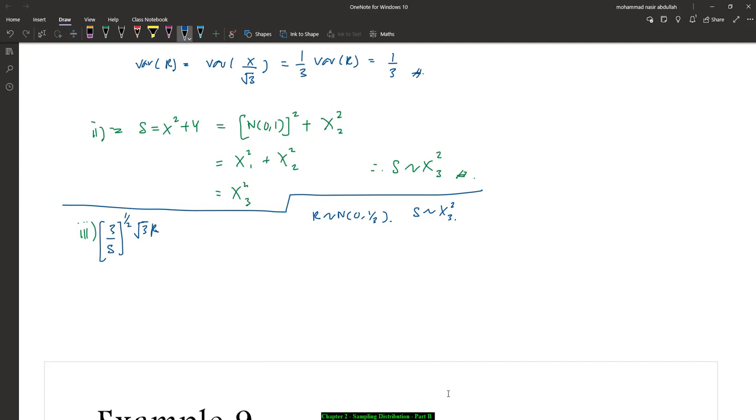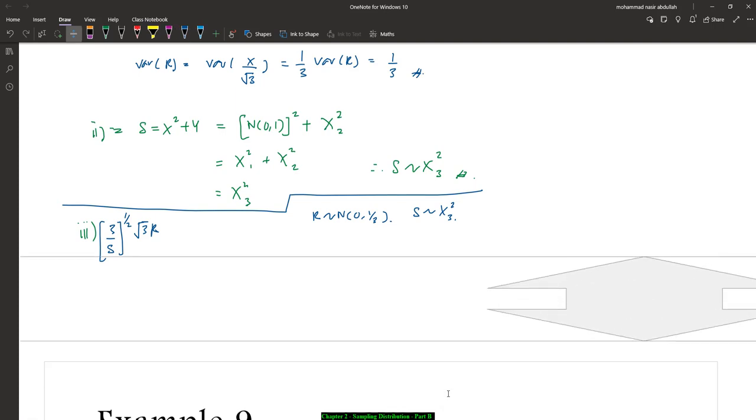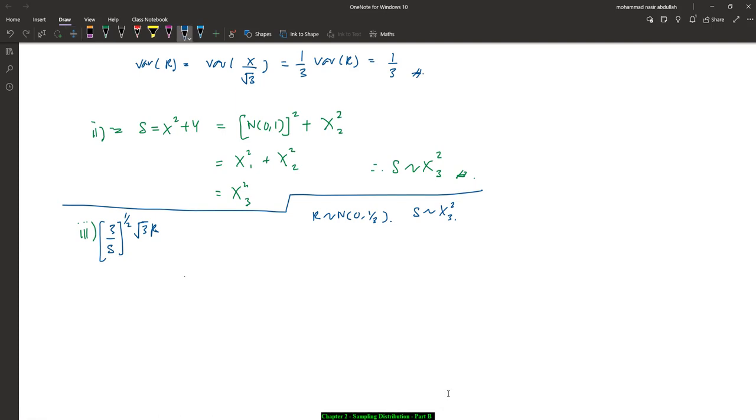Alright. How to solve this one? So this is also equal to square root of 3 divided by square root of S, multiplied with square root of 3 multiplied with R. Right.